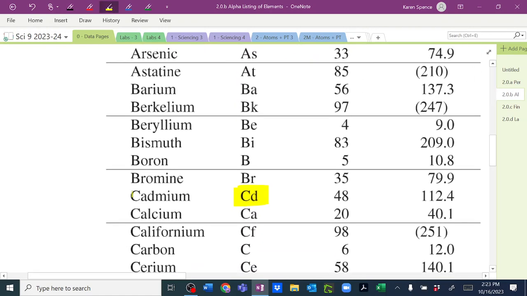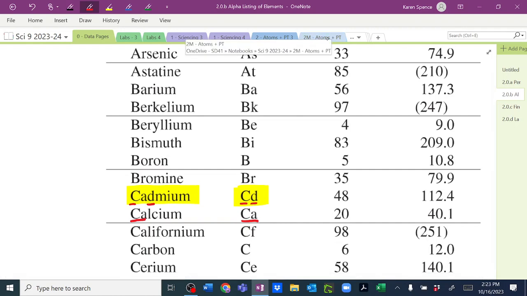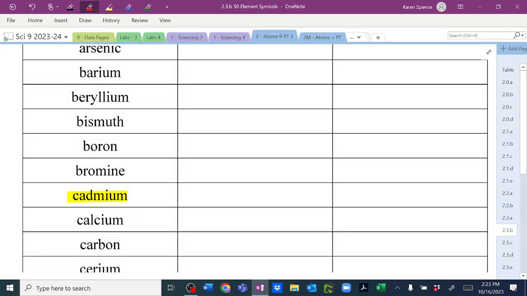Cadmium is not Ca, right? Because Ca is already taken. Calcium is Ca. So we have to use the third letter of cadmium. So we have the first letter and the third letter. So guess what we're going to write when we go here? We're going to write our first letter and our third letter, 1.3.